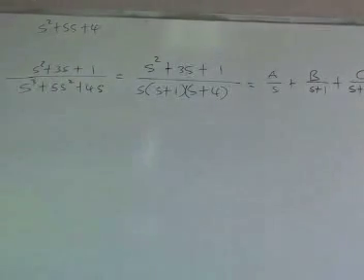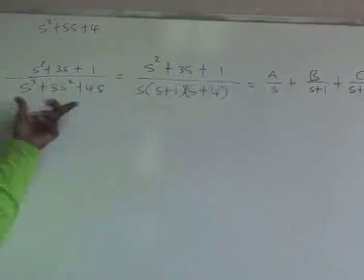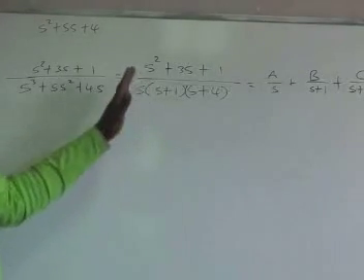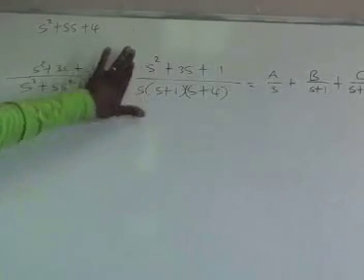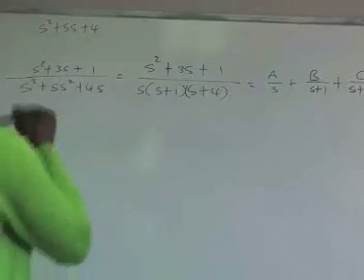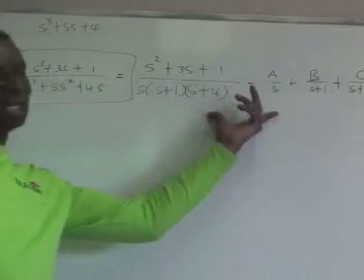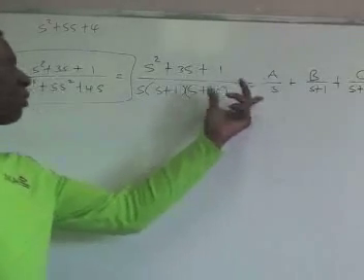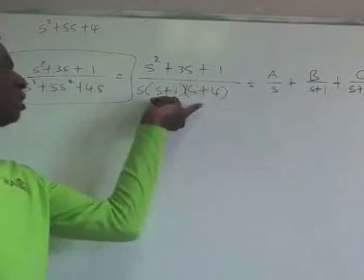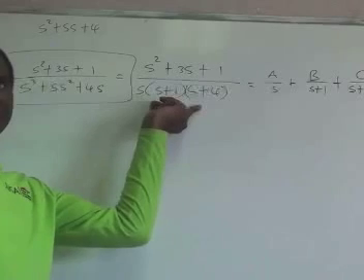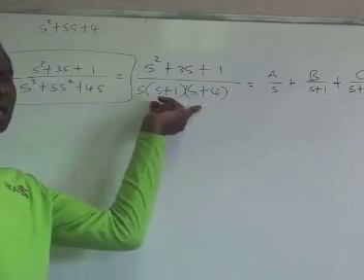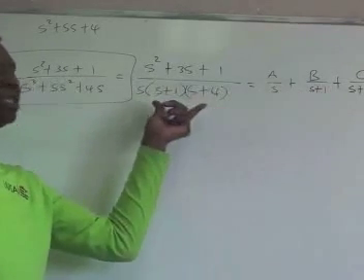Then from there, we go on to multiply. In other words, you can now forget about this part. We are now dealing with this side only. Now we first multiply right through by the denominator.